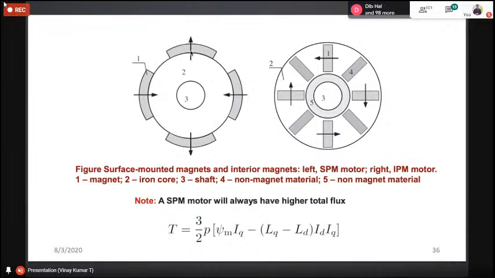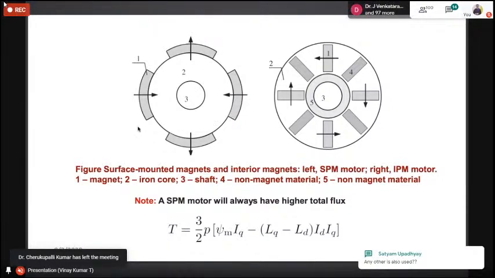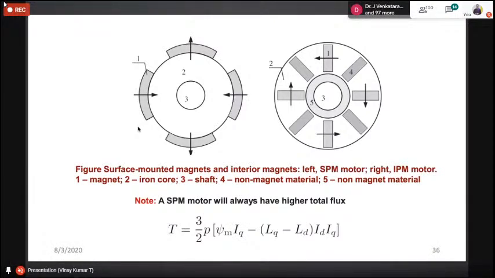So if pole axis reluctance and interpole axis reluctance are both the same, then with respect to air gap flux, in this axis and in this axis the reluctance is the same, so the flux distribution in the air gap is uniform. If the air gap is uniform, then there is no reluctance torque. In the case of surface mounted permanent magnet synchronous machine, there is no reluctance torque.